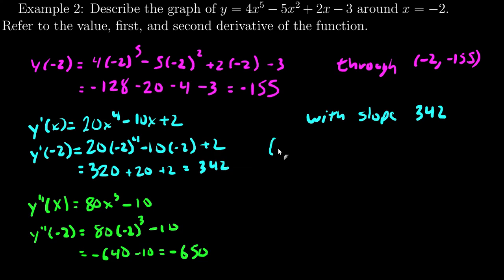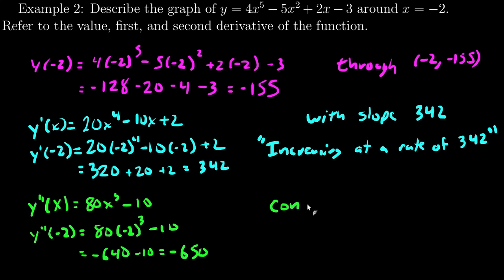So I could write this as, let me put it in quotes, increasing at a rate of 342. And this right here, being negative, tells me that it is concave down. So, lovely, that's what it tells us.